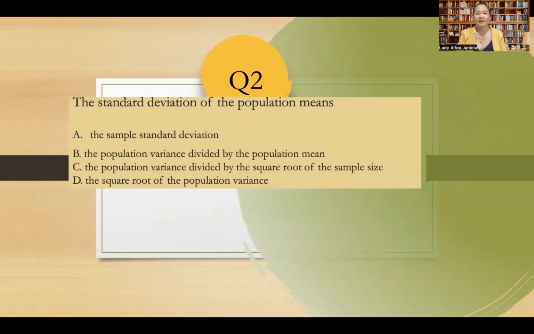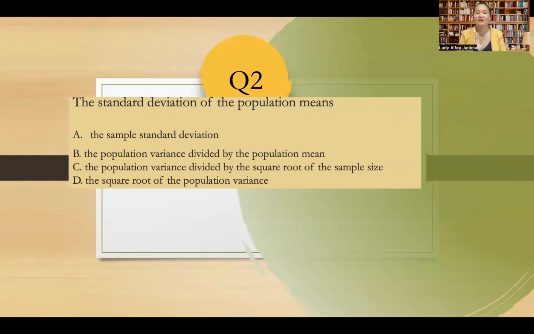Second, the standard deviation of the population means A, the sample standard deviation, B, the population variance divided by the population mean, C, the population variance divided by the square root of the sample size, and D, the square root of the population variance.